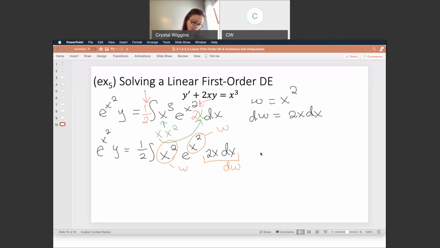So now let's make the substitution, and I'm going to focus on the right side and stop writing the left side for now. So we have 1/2 integral w e to the w dw. Now that the function inside of the e function is a simple w and nothing else, we are ready for integration by parts.